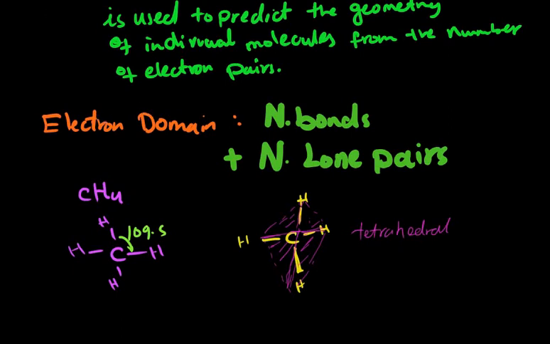Now let's go deeper into some other shapes that our VSEPR model describes. Let's have an example of a trigonal bipyramidal structure.